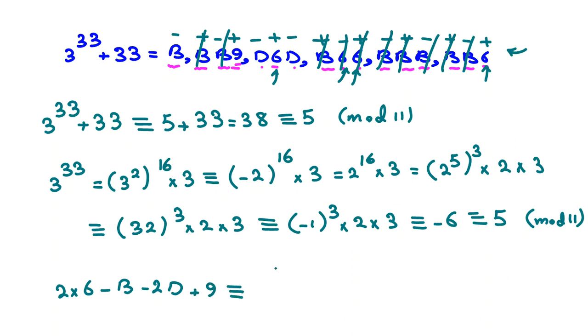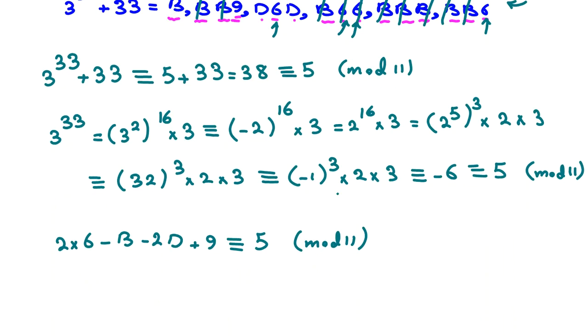It is what mod 11? It is 5 mod 11. Okay, let me check, 5 mod 11. Yes. Now 2 times 6, 12. 12 plus 9, 21. 21 minus b minus 2d is congruent to 5 mod 11.